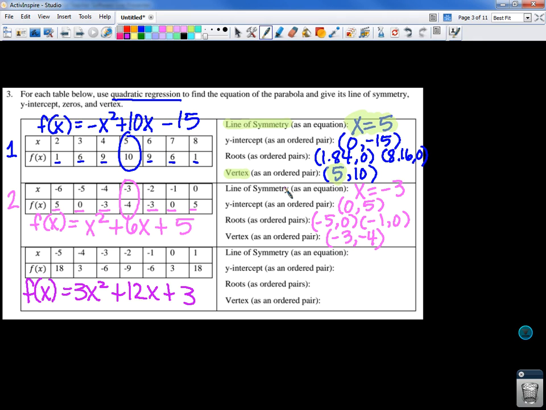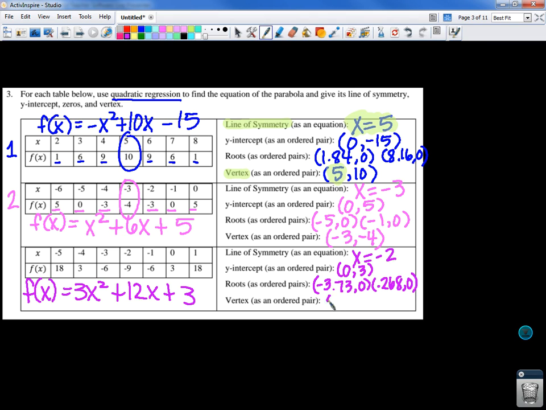My line of symmetry is x equals -2. My y-intercept as an ordered pair is 0, 3. My roots as ordered pairs are -3.730 and 0.2680.